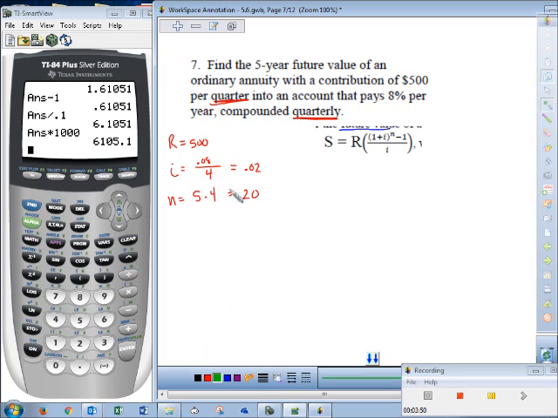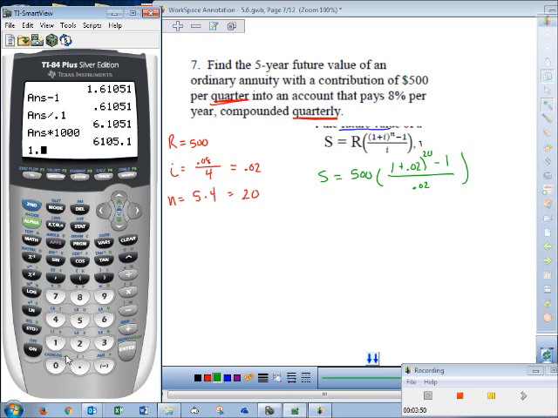So once you get these ingredients, then it's just money going into the formula, right? So S will equal 500 times 1 plus 0.02, right, because that's what I is, to the nth, which is 20, minus 1, over 0.02, and then we punch that in.